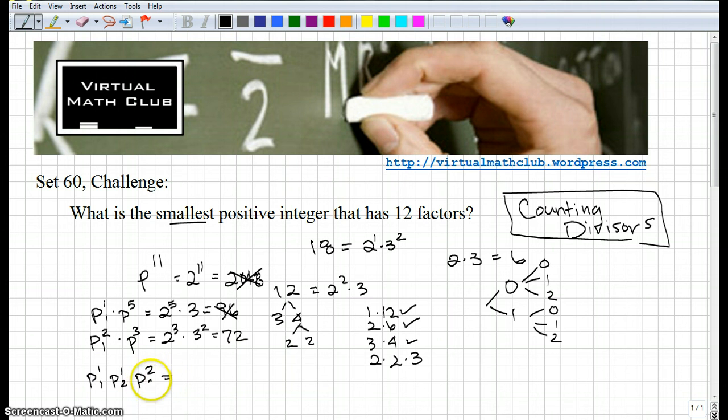Let's make the 2 to the biggest power, so that would be 2 squared times 3, the next prime, times 5, the next prime after that. If I multiply those all together, that's 15 times 4, which is 60. That's our best case, and we've gone through all the possibilities. And so 60 is our smallest positive integer that has 12 factors.